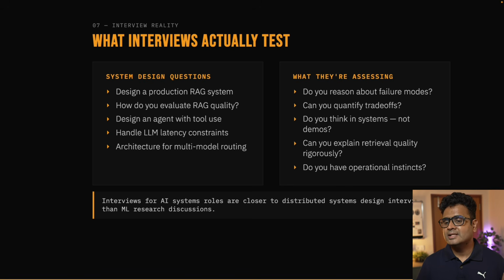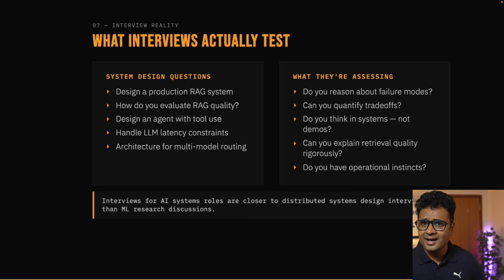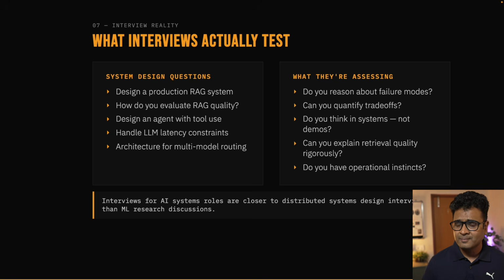You'll be asked to design a real system and defend your choices. Questions can be something like this: design me a RAG system for 500,000 documents. Now they want to hear about the chunk size, the embedding choice, the retrieval strategy, context injection, evaluation, failure handling, recall rate, indexing choices.